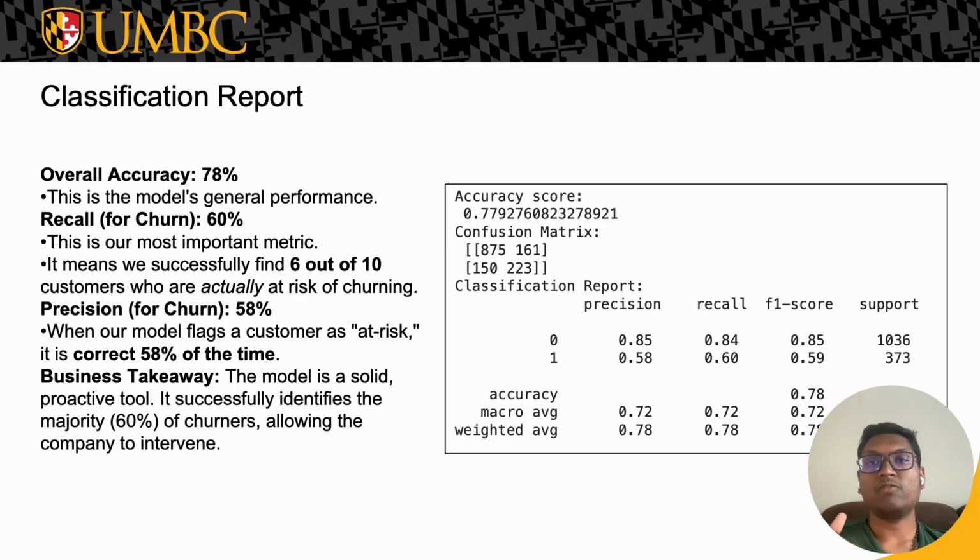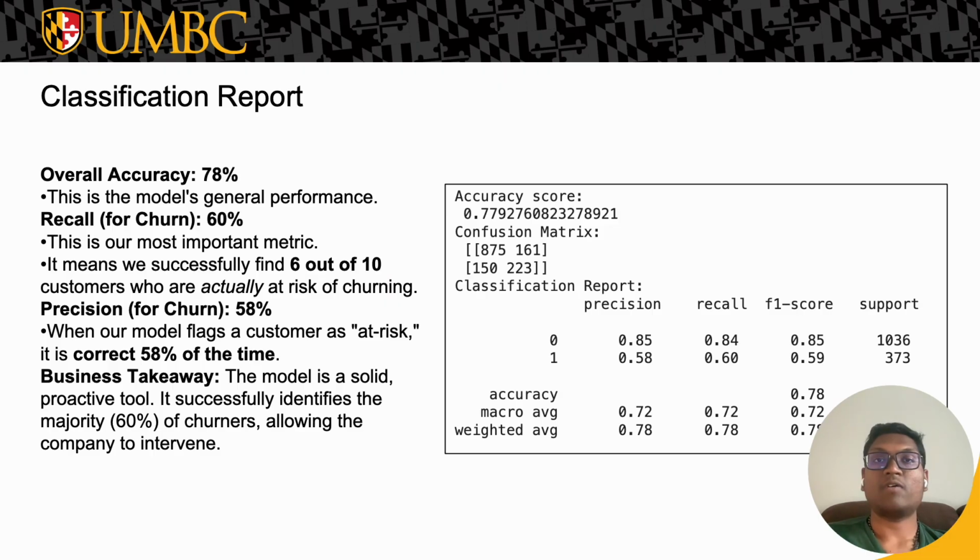Our recall for the churn class labeled 1 is 0.60 or 60%. This is our most important metric. It means we successfully find 6 out of 10 customers who are actually at risk of churning.